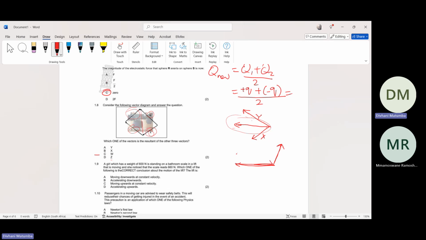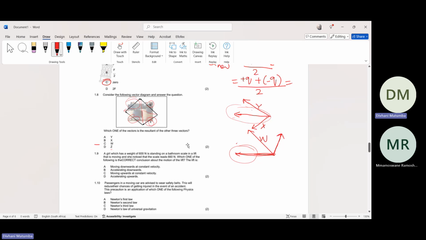I took the resultant between X and Y, and then I paired it with Z, which is a vector. It gave me W. I know this is very tricky. If you pair W and X, your resultant will face that way, which wouldn't make sense.